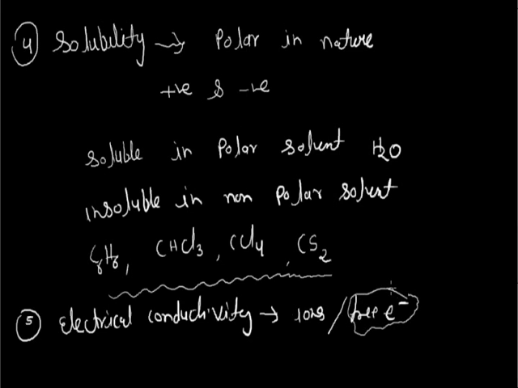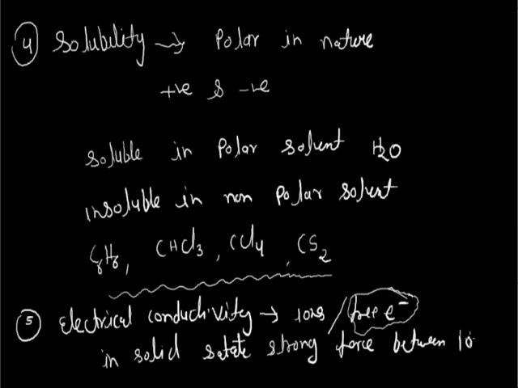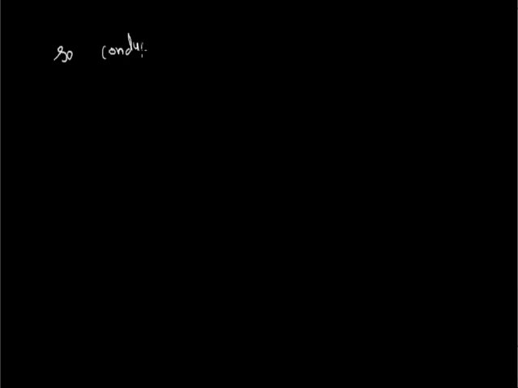But in ionic compounds, although there is a presence of ions, here is the interesting note that ionic compounds are not electrical conductors in the solid state. Why? Since in the solid state there is a strong electrostatic force of attraction between ions. So conduction of electricity is not possible.